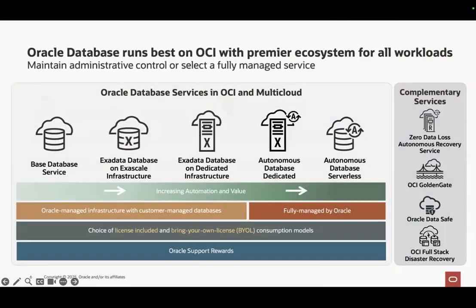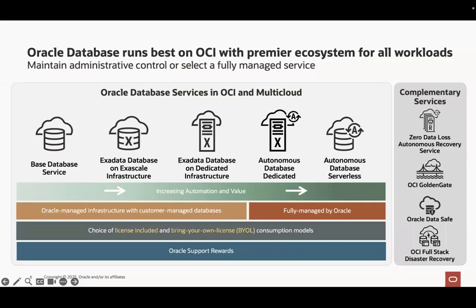Okay, so since in this session we'll be mentioning database cloud services, like how we manage cloud database services, I'll just do a quick run through. So Oracle offers a range of database services in Oracle Cloud.